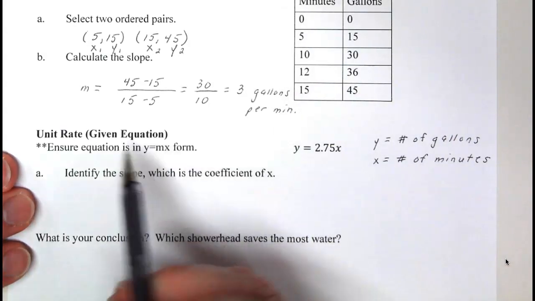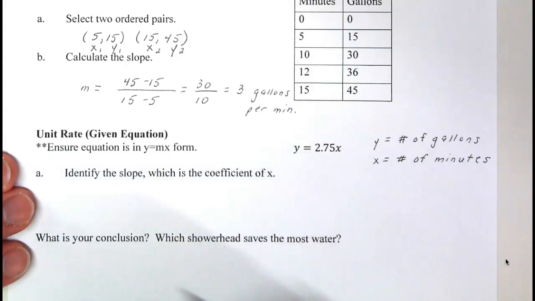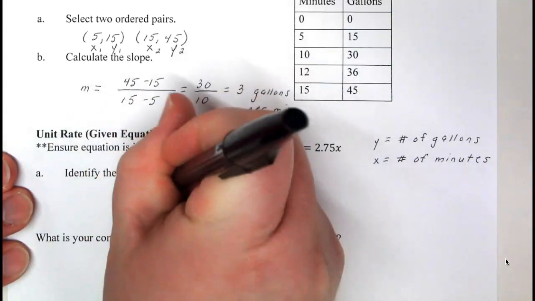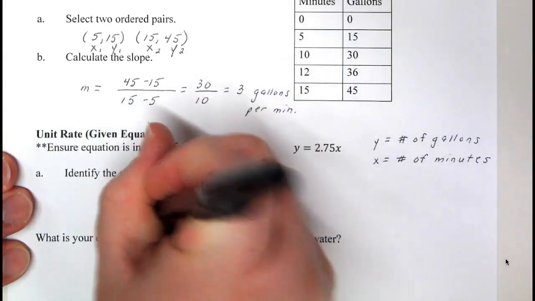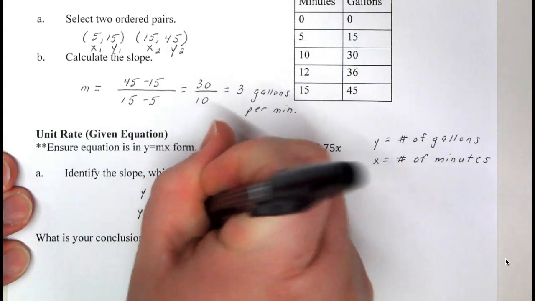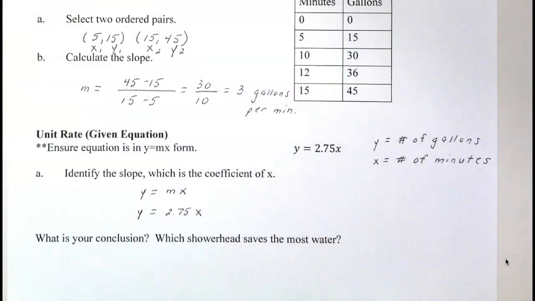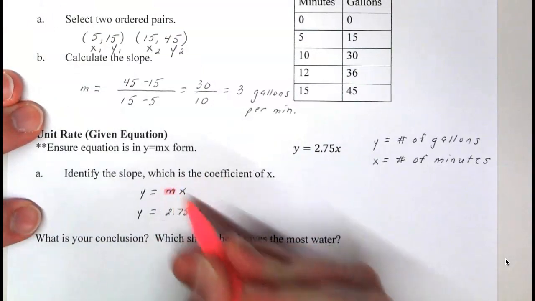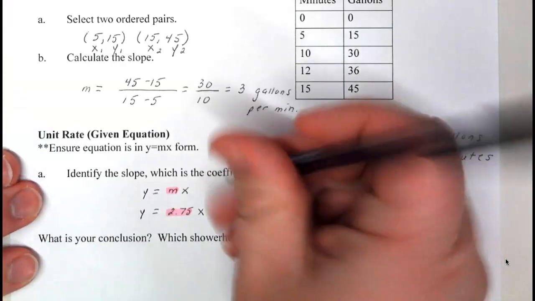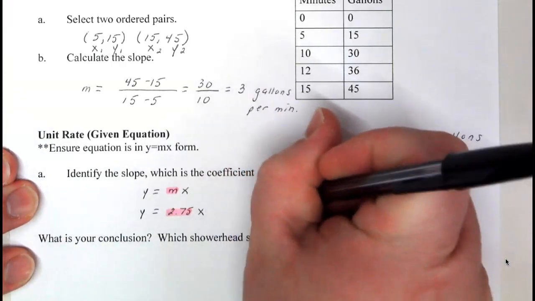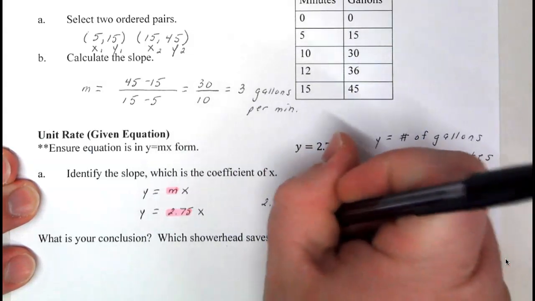So the nicest part of this is that in an equation, all you have to do is identify the slope. So it's y equals mx. And in our case, it's y equals 2.75x. So the m value is the coefficient of x, or 2.75. So in this case, it's 2.75 gallons per minute.